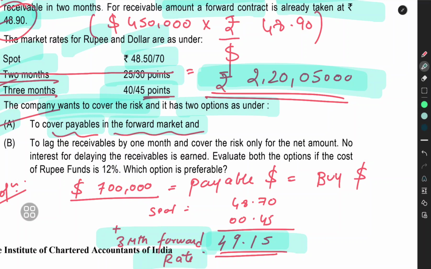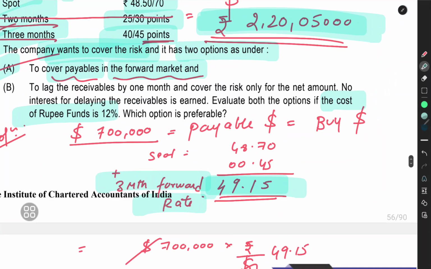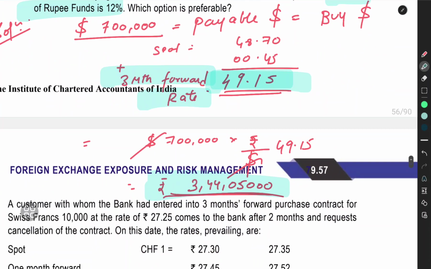Rather than keeping these funds idle, I will invest them somewhere. The cost of rupee funds is 12%. So I will invest these for 1 month only, because after 1 month I have a payout standing at 3 crore 44 lakh 5,000.